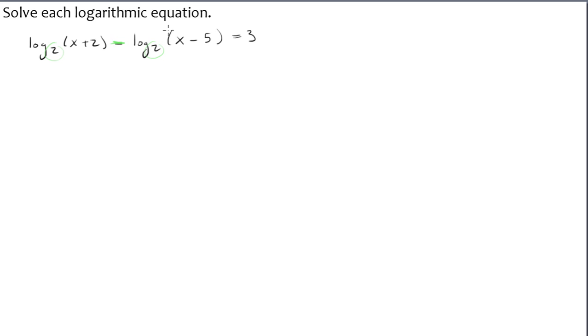This is subtraction, so we're going to divide. We'll have the log base 2 of x plus 2 divided by the quantity x minus 5, and that's equal to 3. So we're going to use that 2 here as the base of our exponents.